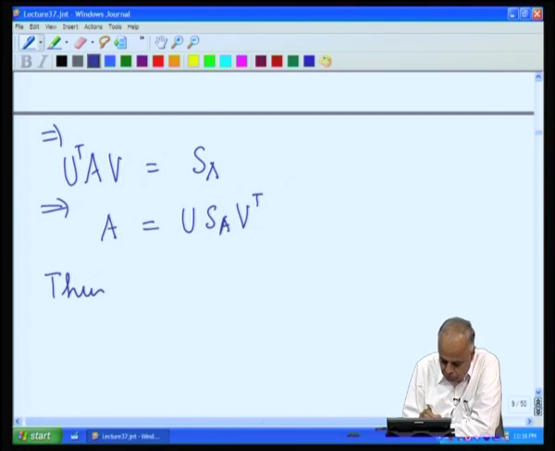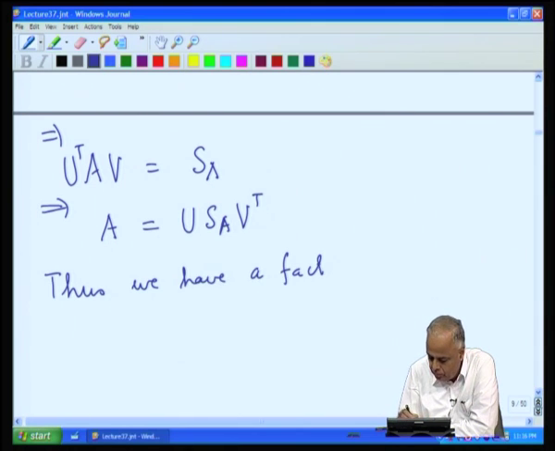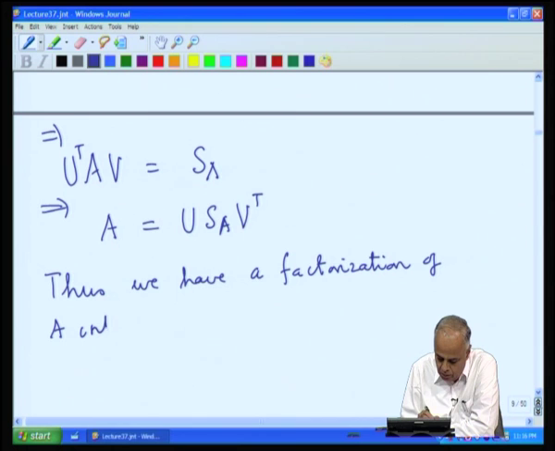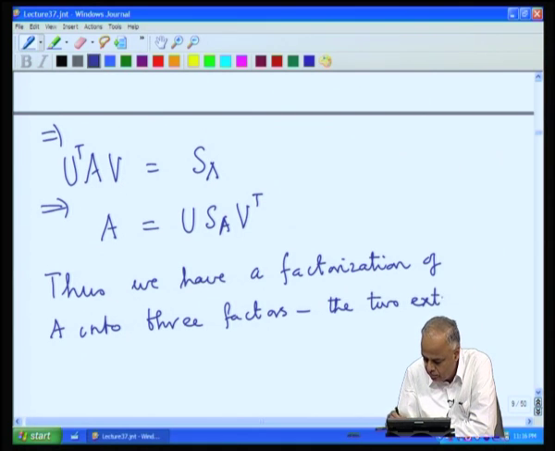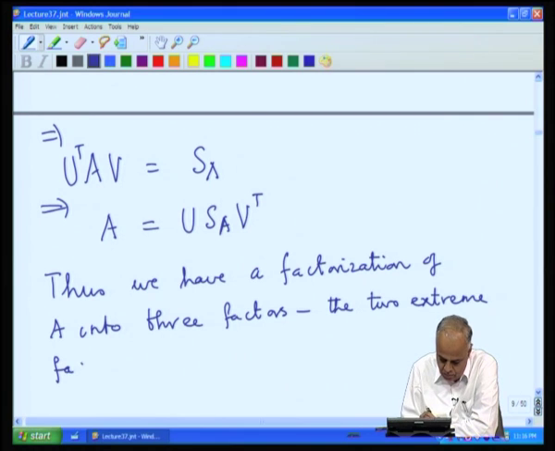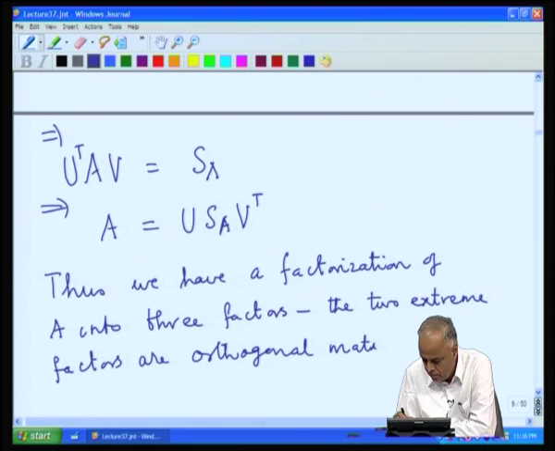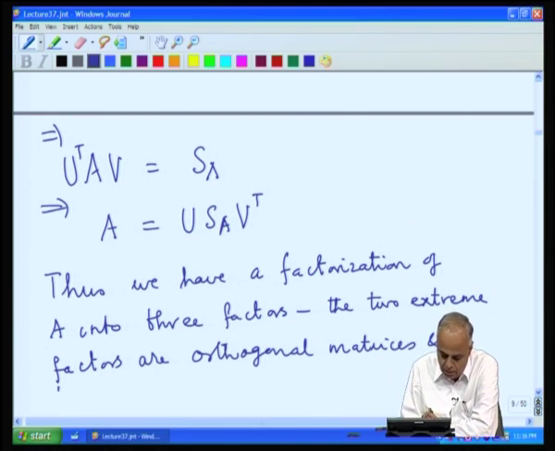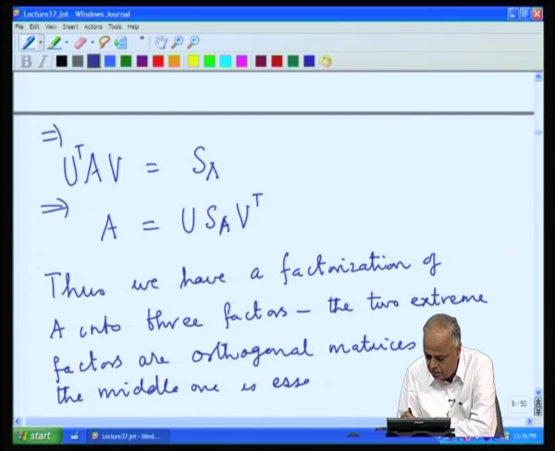Thus, we have a factorization of A into 3 factors. The 2 extreme factors are orthogonal matrices and the middle one is essentially a diagonal matrix.